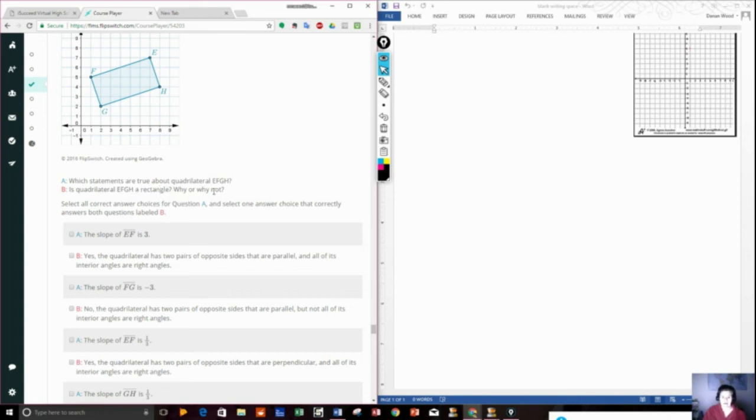And you need opposite sides that are parallel and all of the interior angles being a right angle. So check for parallel, that means check the slopes, and all of its angles being a right angle, that means check to see if adjacent sides are perpendicular. So we're only comparing slopes in question 7.